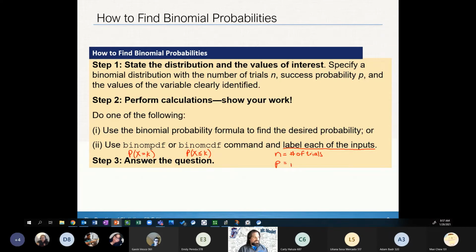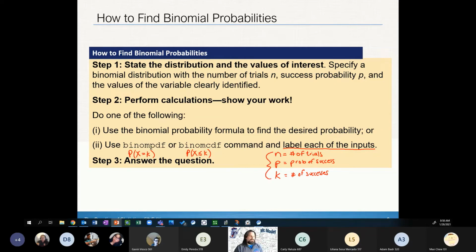We have the probability of success, and what's the value of k that we're interested in, the number of successes. These 3 values will be used in both of these commands.